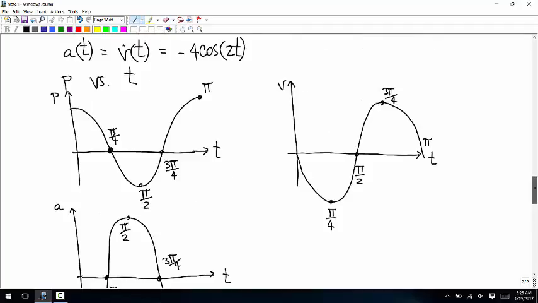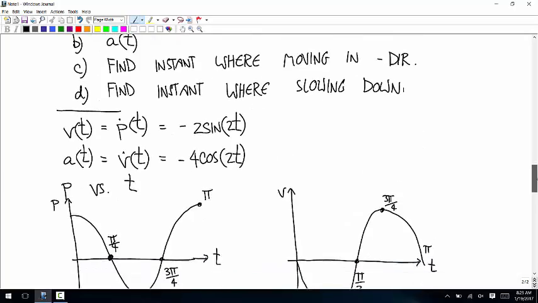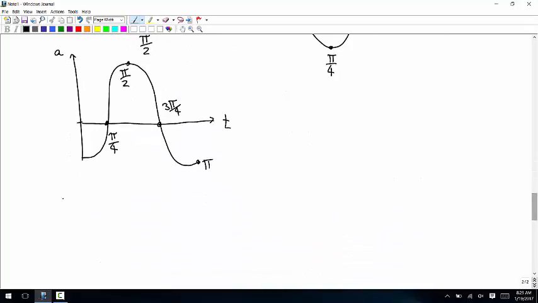And now you're just looking for places where, so to figure out when it's moving in the negative direction, we just have to figure out when the velocity is negative.